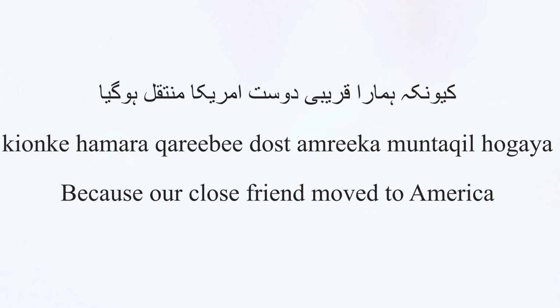क्योंकि हमारा करीबी दोस्त अमेरिका मुंतकिल हो गया. क्योंकि, because, that's a conjunction. हमारा करीबी दोस्त, our close friend. हमारा means our. मुंतकिल होना is to shift, to move. मुंतकिल हो गया.